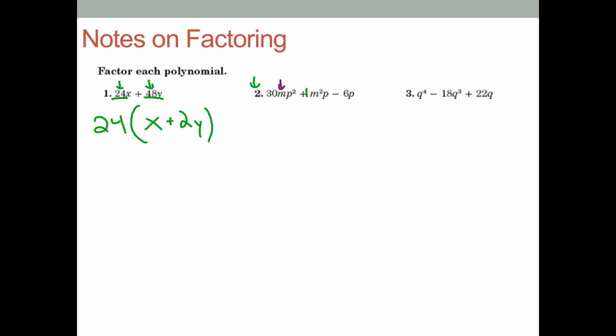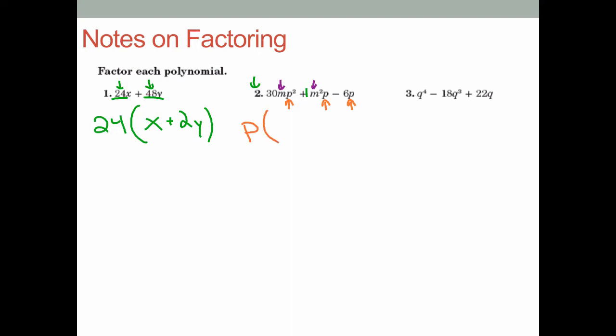I have an m, an m squared, but no m in the third term, so that's not common. Then I look at my p's. I have a p squared, a p, and a p. Those p's are common in every term. So that's the greatest common factor, the thing that is in every term. So I'm going to pull out a p.